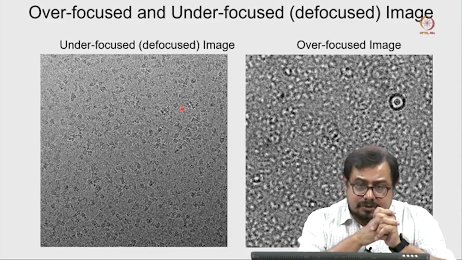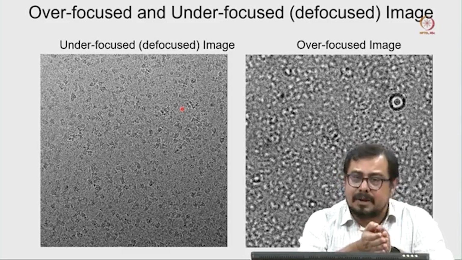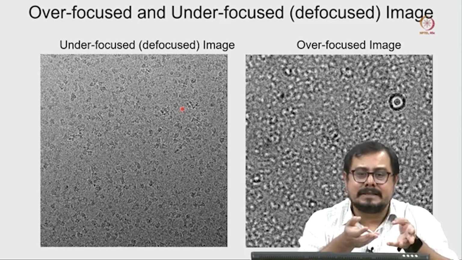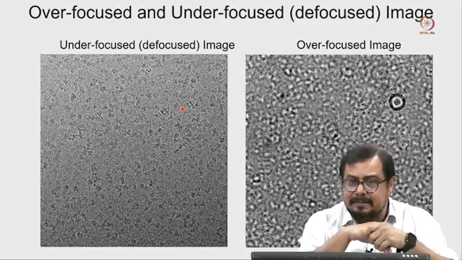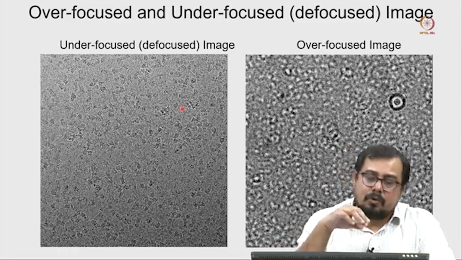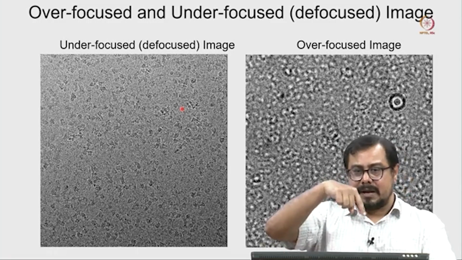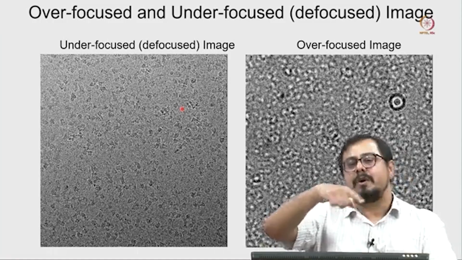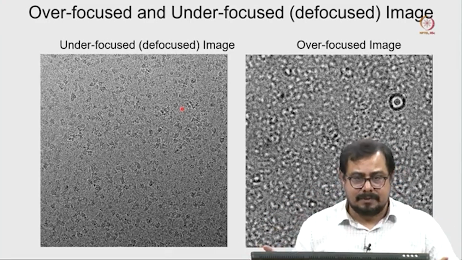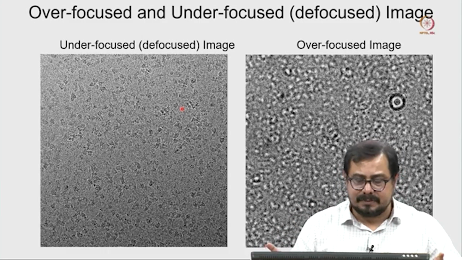If required, you have to correct both. Also it is always good to use some kind of defocus value. Generally for biological science samples we use the under focused image, and the focus button, or objective lens current, is just a circular knob you can rotate clockwise or anti-clockwise, which will give you an under focused or over focused image. Based on your requirement you can play around with those focus values.